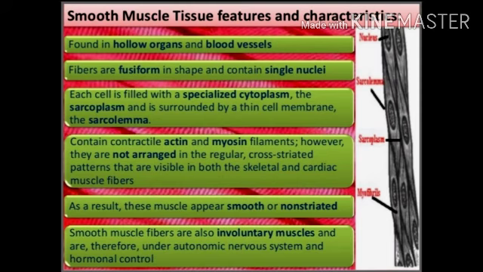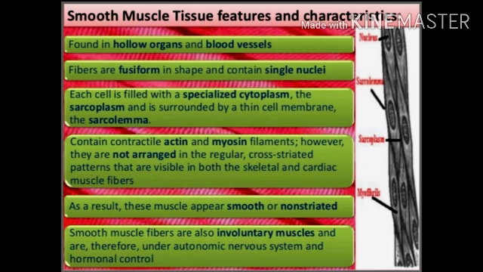As a result, these muscles appear smooth or non-striated. Smooth muscle fibers are also involuntary muscles and are therefore under the autonomic nervous system and hormonal control.